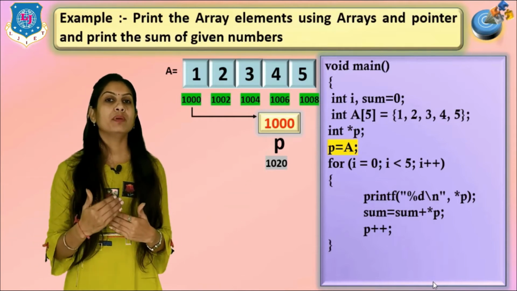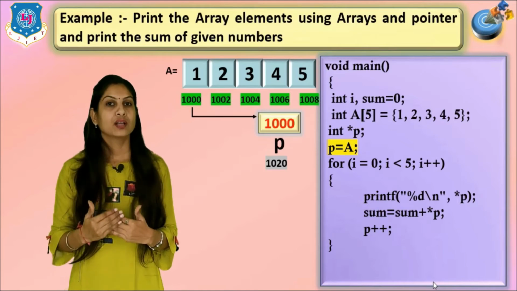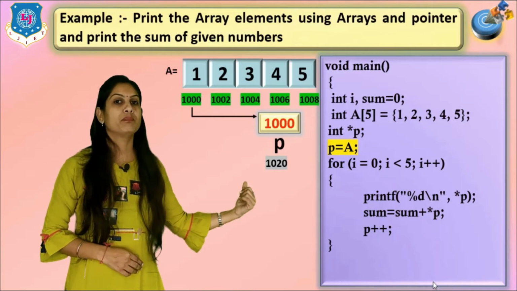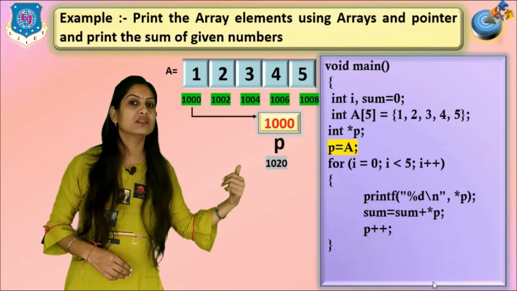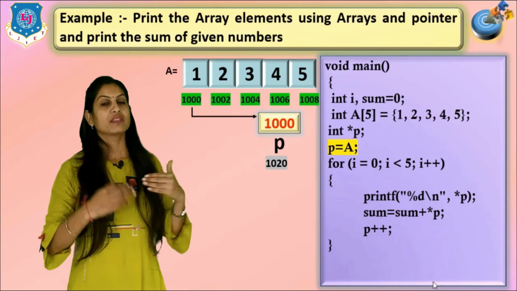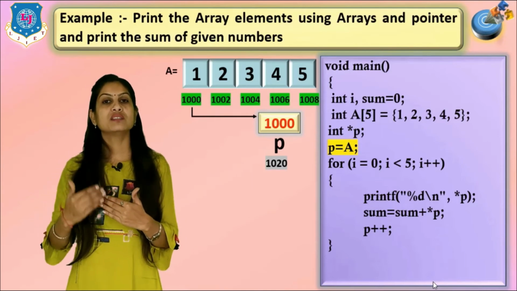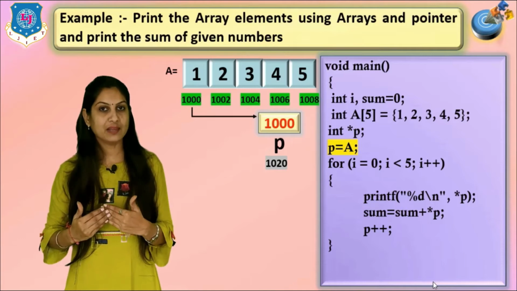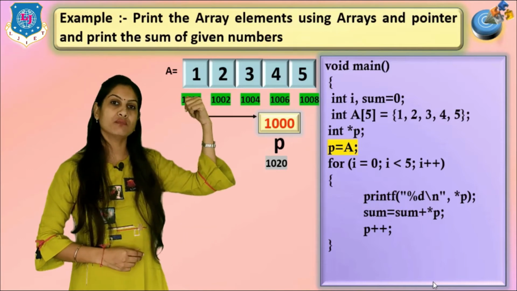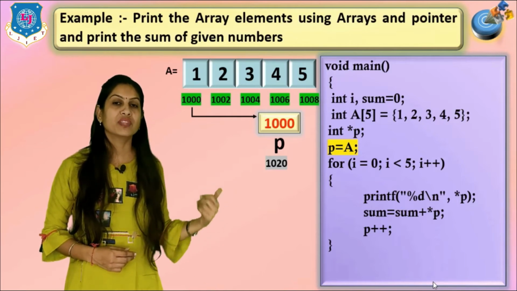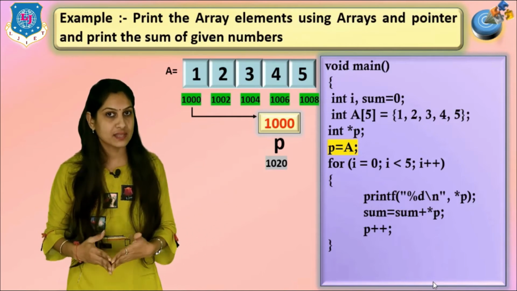Now the p will point to second element. So the second element will be printed, and then after it finds the sum, that is 1 plus 2 becomes 3. Then i will be incremented and pointer is also incremented. So it jumps onto the third element address, that is 1004, and prints that value, that is 3, and finds the sum, that is 3 plus 3, how many? 6.